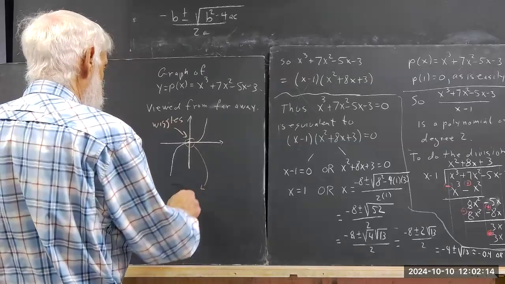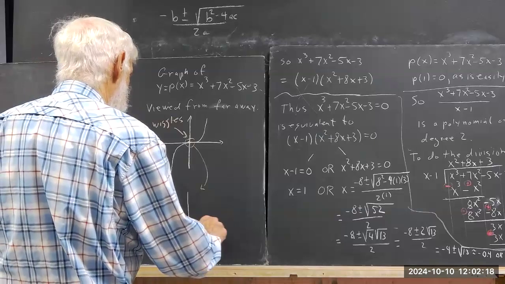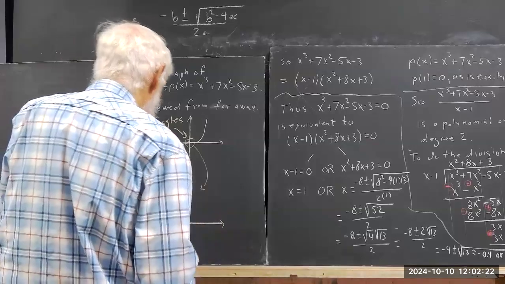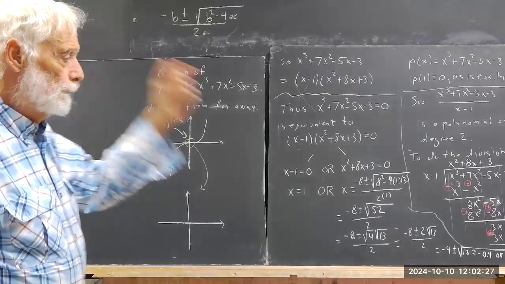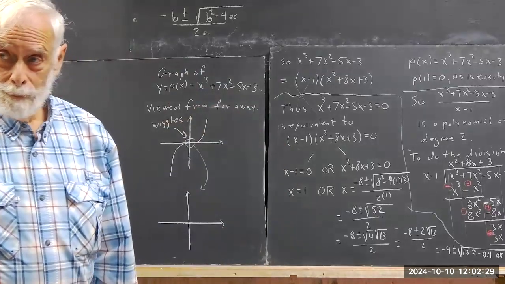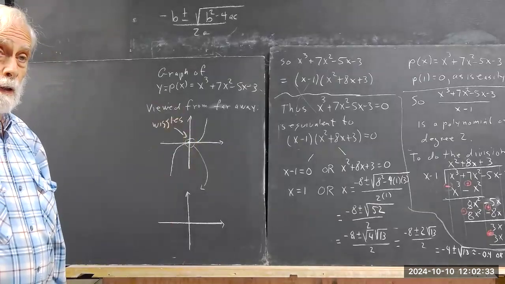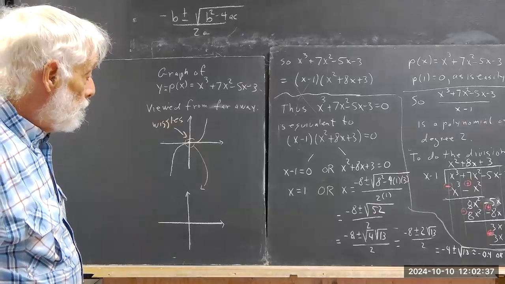Okay. We're going to locate the zeros, because the wiggles all occur close to these zeros. You'll see why in a minute.